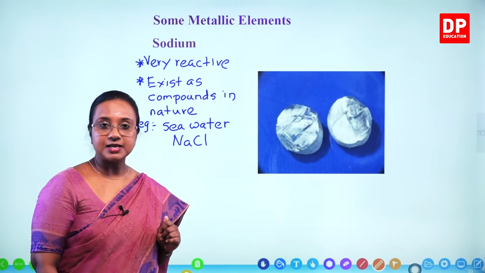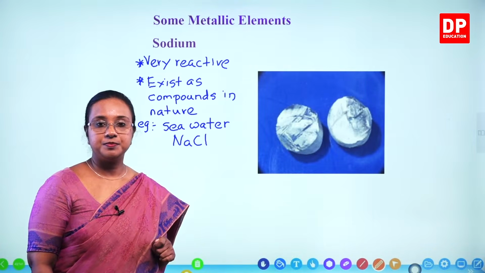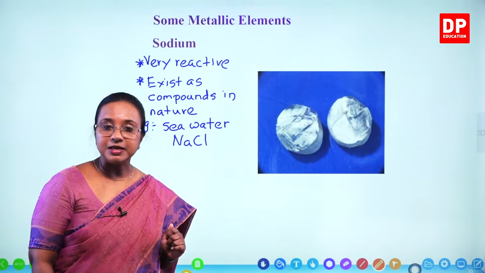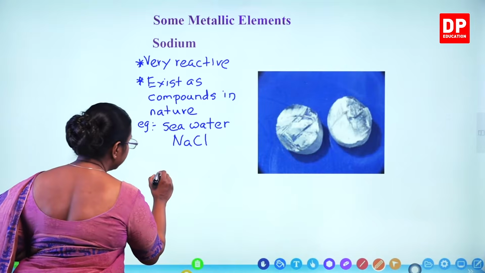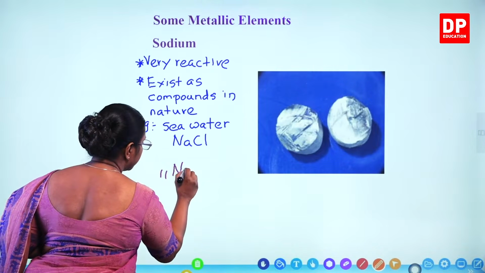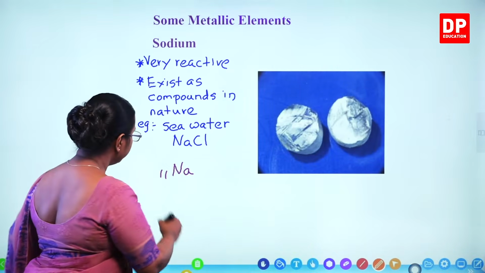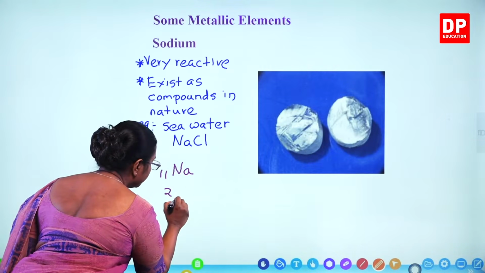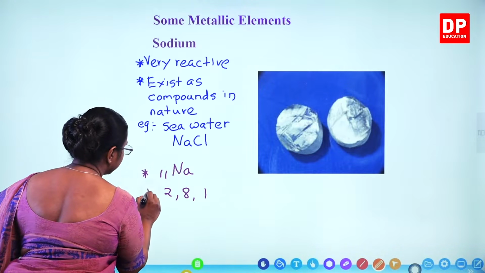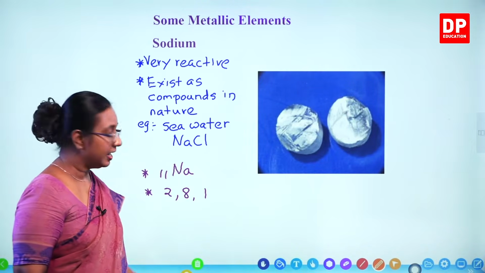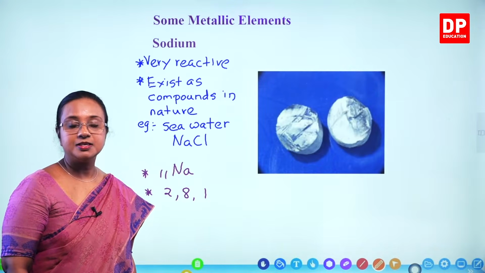These are some general properties of sodium. Now we will discuss the position of sodium in the periodic table. Remember the atomic number? Sodium has atomic number 11. So if we write the electronic configuration of sodium, you know to do it, 2, 8, 1. That means it has 2 electrons in the first shell, 8 in the second, and 1 electron in the valence shell.